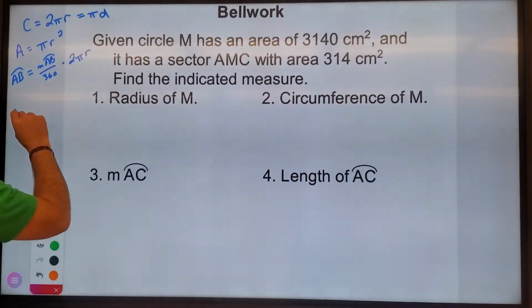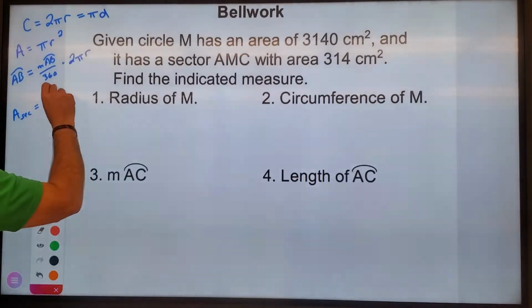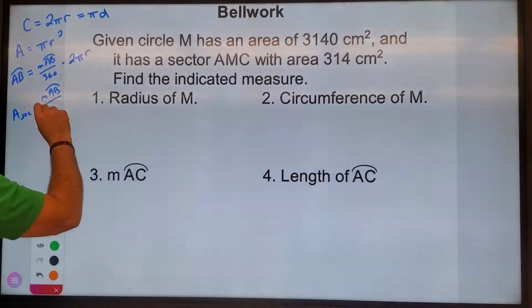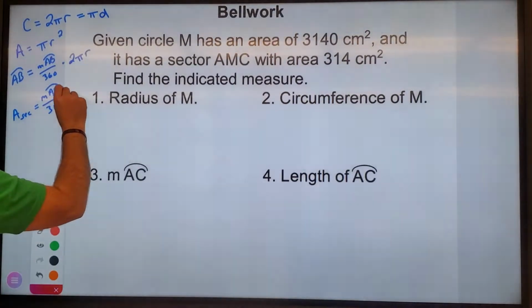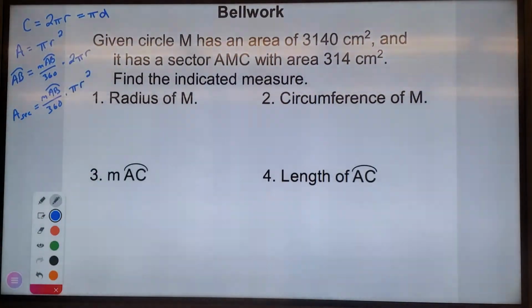The area of a sector was the measure of AB over 360 times now pi r squared, okay? And the idea here again is then to piece out which one do I have or which one can I use.